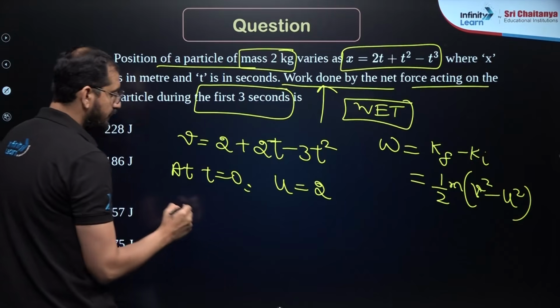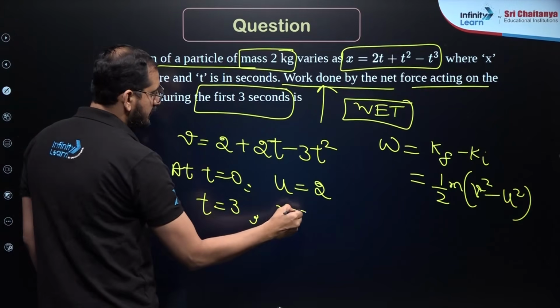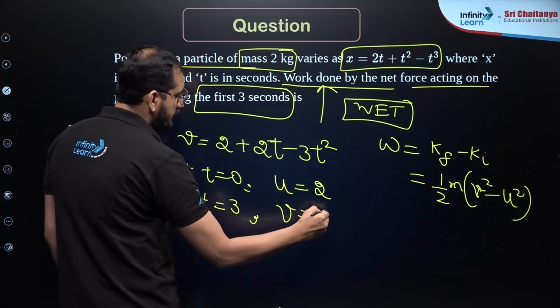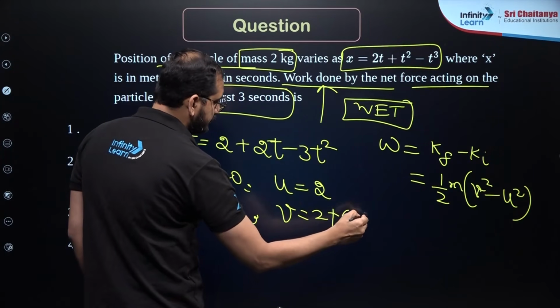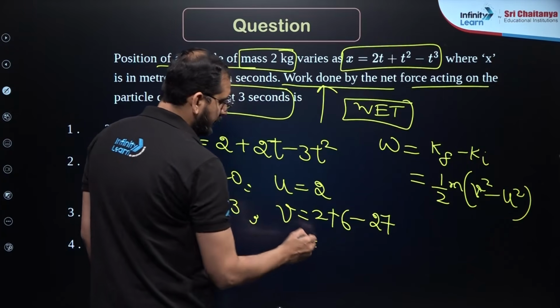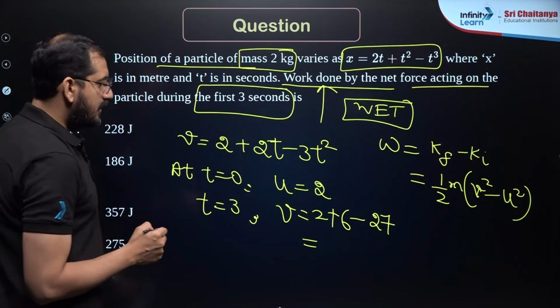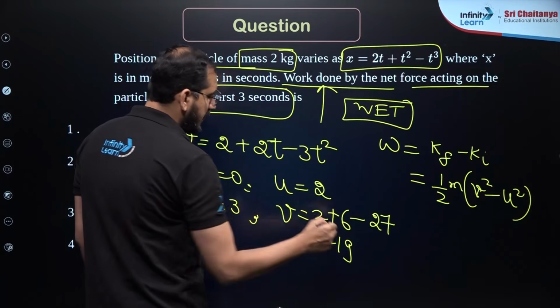Initial speed is 2. And at t equal to 3, how much is the final speed? 2 as it is, plus 2 times 3 is 6, minus 3 times 3 square, 9, is 27. So this is coming out to be minus 19.